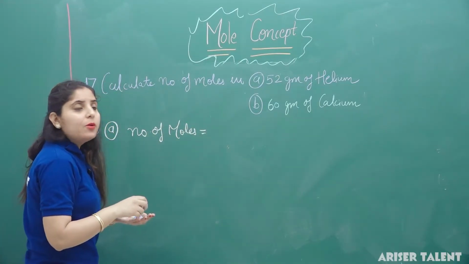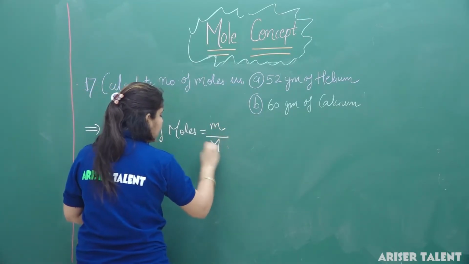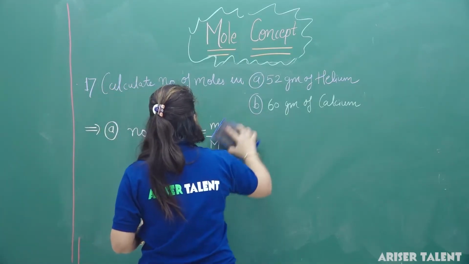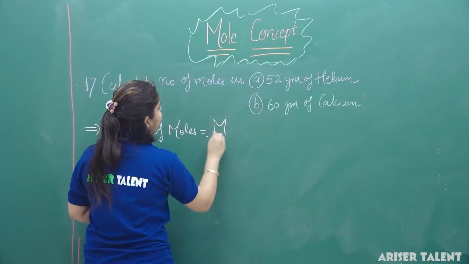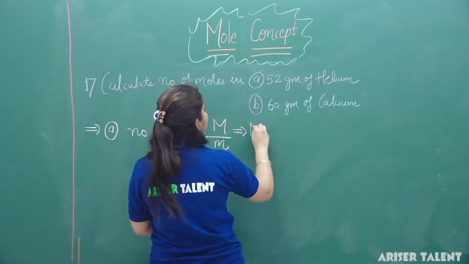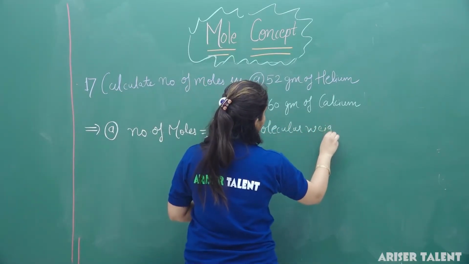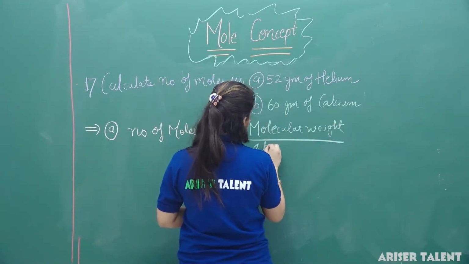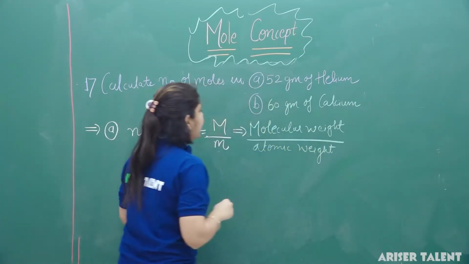The formula for calculating the number of moles will be small m upon capital M. Small m will be the given mass, and capital M will be the molecular weight of that substance, or the atomic weight of the substance.